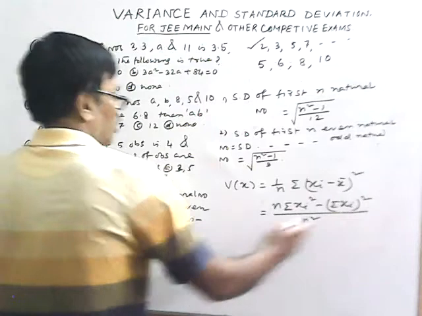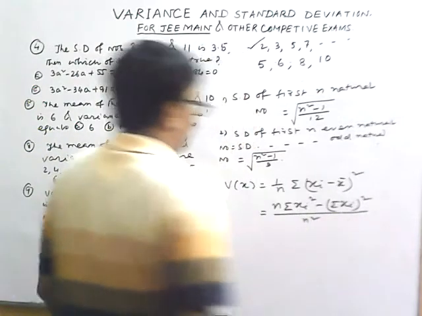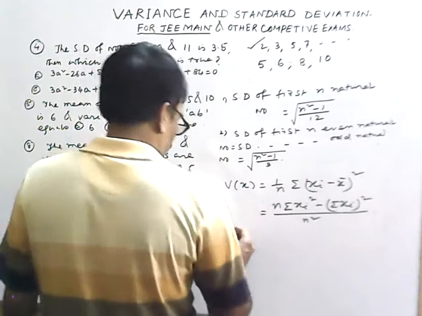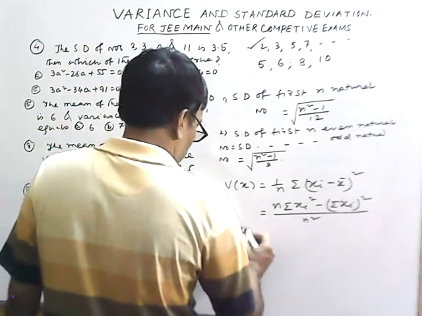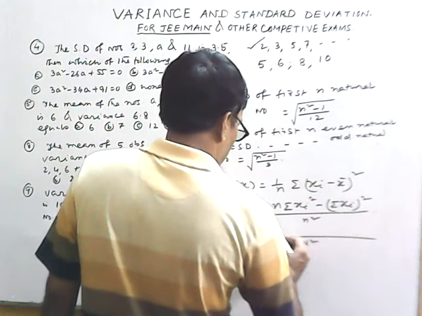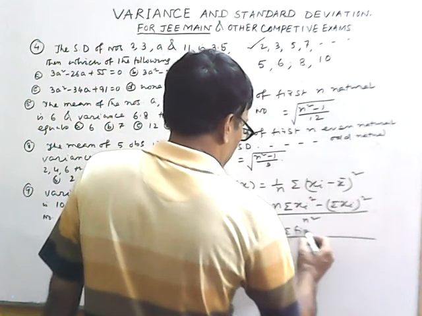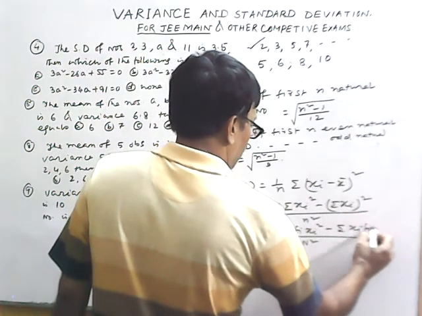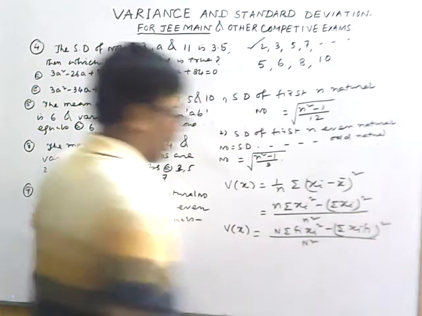So this is the shortcut formula. When frequency is given, the formula is the same: Vx equals n into summation fi xi square minus (summation fi xi) whole square, over n square.